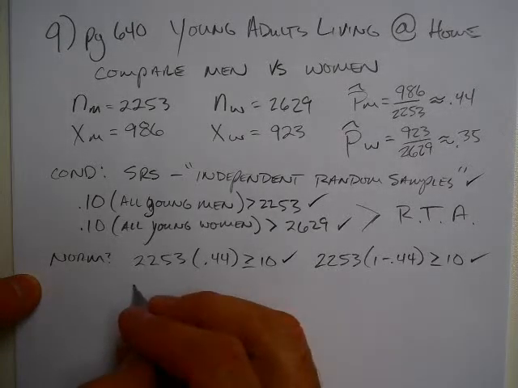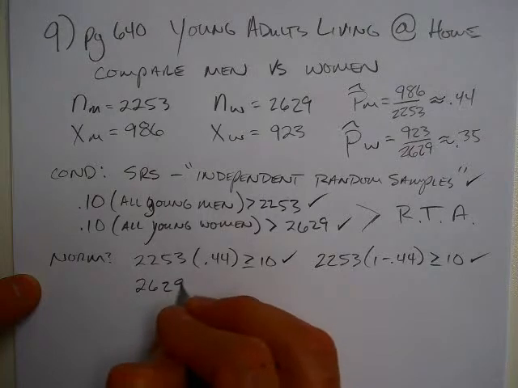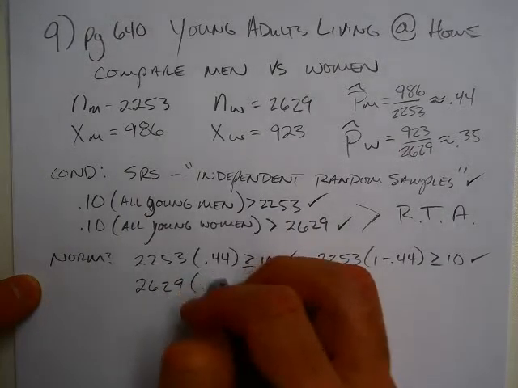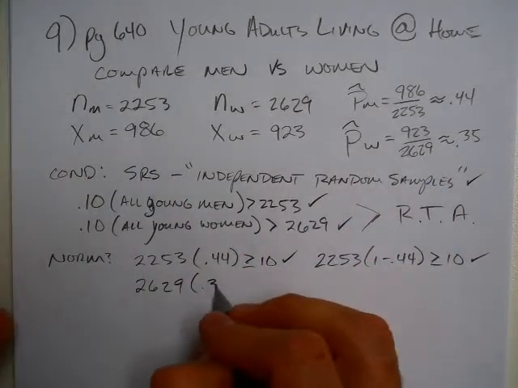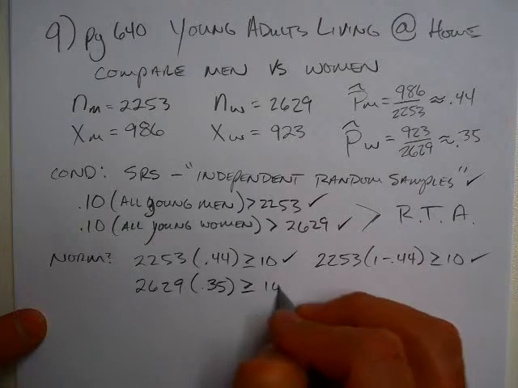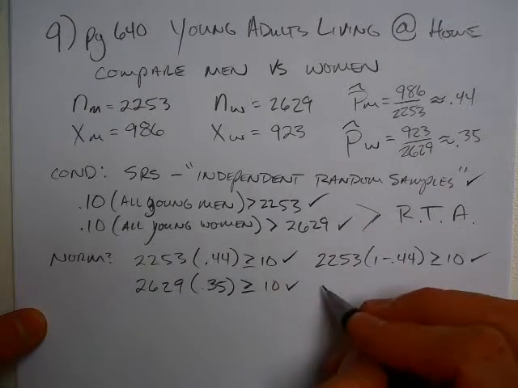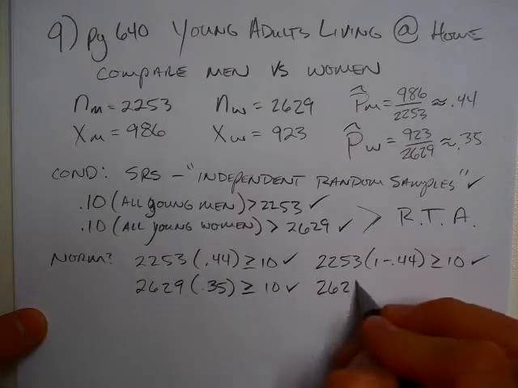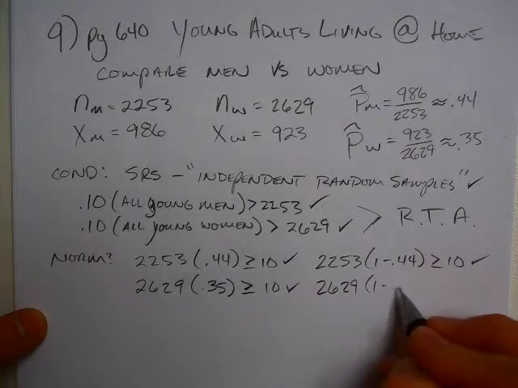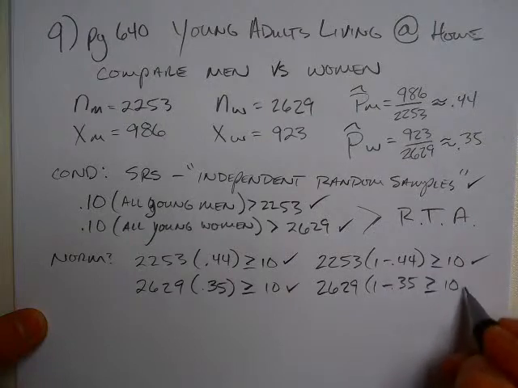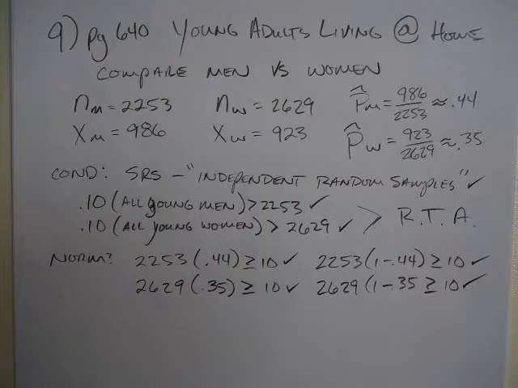Do the same thing for the women. Oops, not 44, 35. Is 2629 times 0.35 greater than 10? Absolutely. And 2629 times 1 minus 0.35, also greater than or equal to 10. No doubt about that. So, our conditions are met.